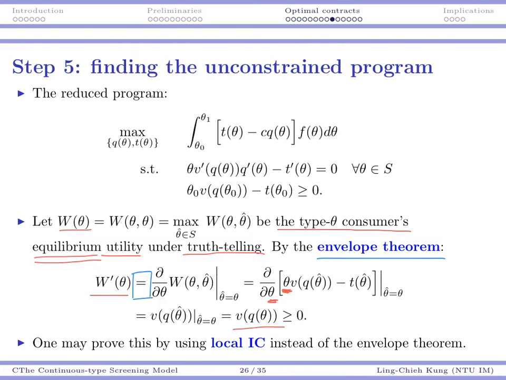One thing that I want to remind you is that you can prove this without using the envelope theorem as a general tool. You can still prove it by using your local IC constraints. You can first say that you want to do a differentiation for W of theta, which is this guy.